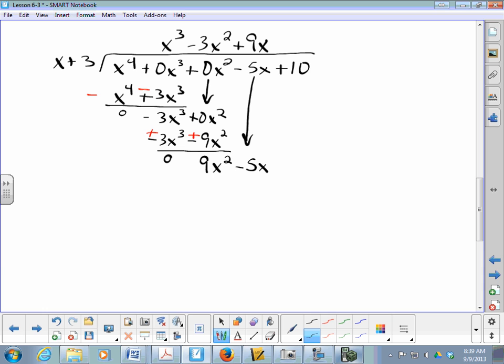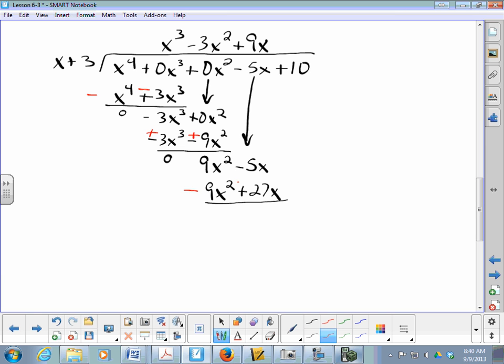Then we multiply. 9x times x is 9x squared. 9x times 3 is 27x. Then we subtract.